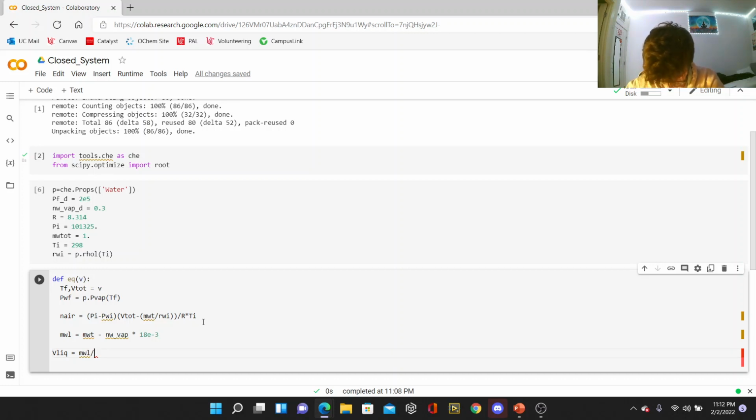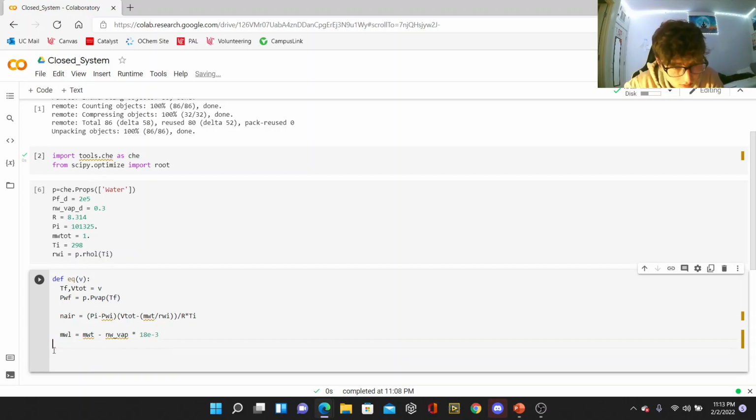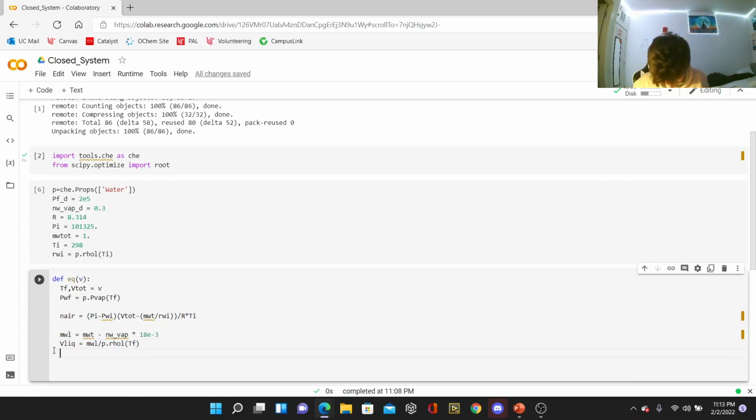the density. Why did it do that? And the liquid, okay.